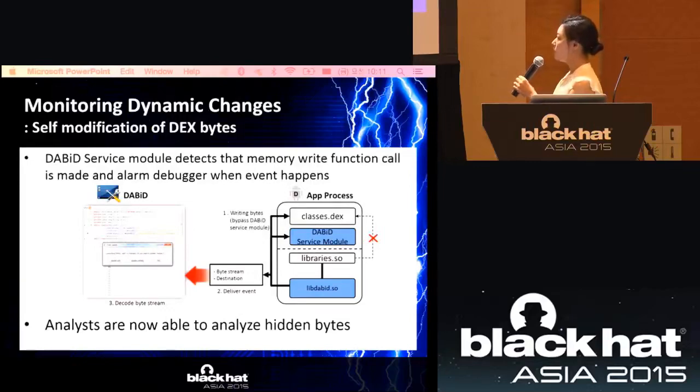Then DABiD interprets the message and alarms the analyst where in the DEX bytes is differentiated and lets analysts change those parts. Analysts are now able to analyze hidden bytes and dynamically changed parts.